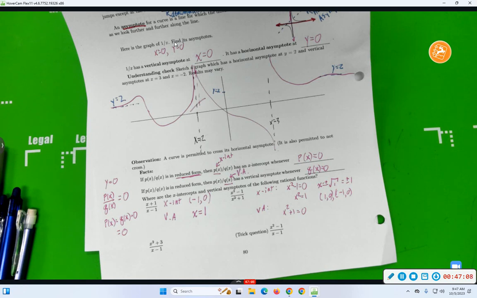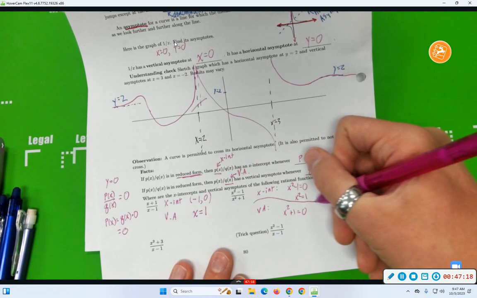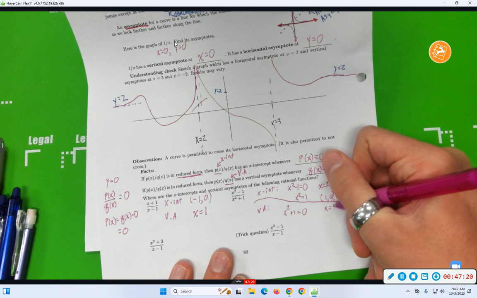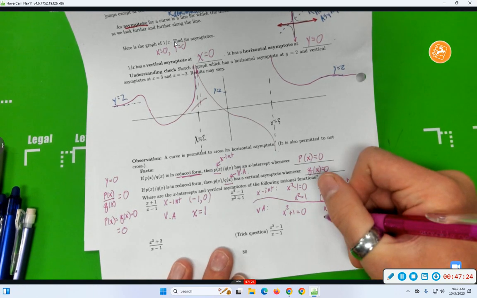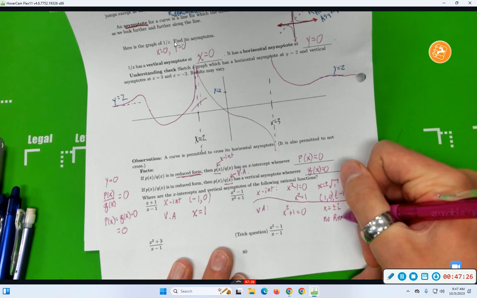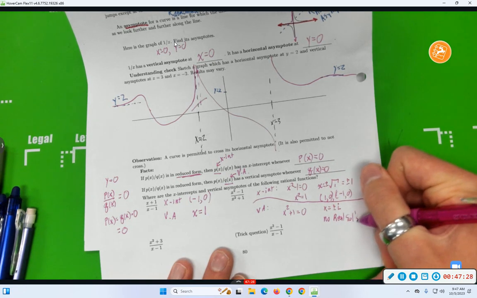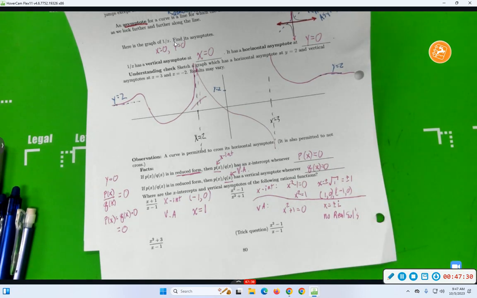Yeah, tell me about its solutions. Yeah, so the two reasonable answers here would be x equals plus or minus i, or possibly just no real solutions. Both are reasonable answers in this context.